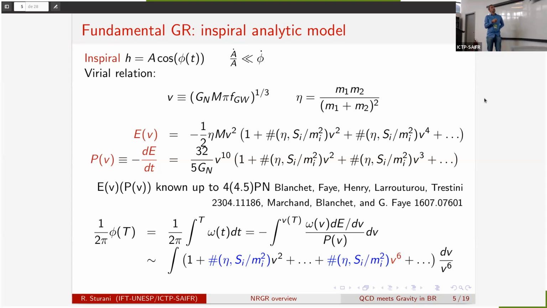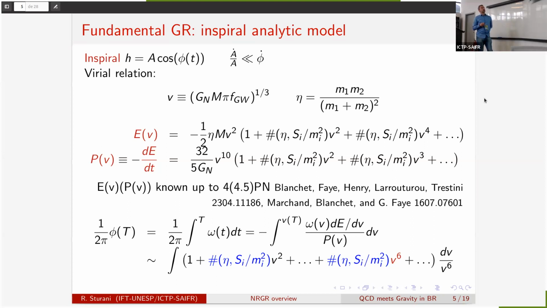All the differentials simplify, but then we have related this integral over time to an integral over the variation of the energy function and the luminosity function. So if you know these two functions, then we know how to compute the phase, and then we know the waveform. This is the basic bridge between computing the dynamics and computing the wave. Okay, because the phase of the waveform just inherits twice the orbital phase, and the orbital phase is completely determined by the energy and luminosity function.